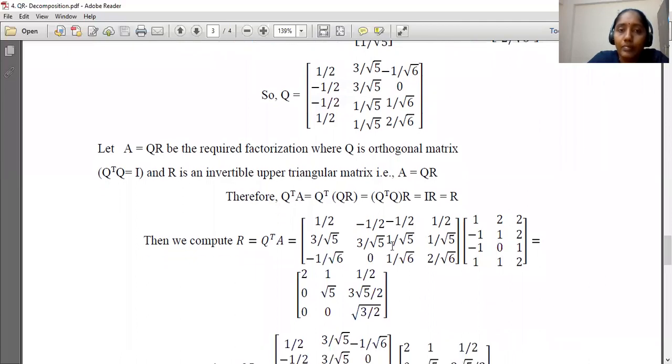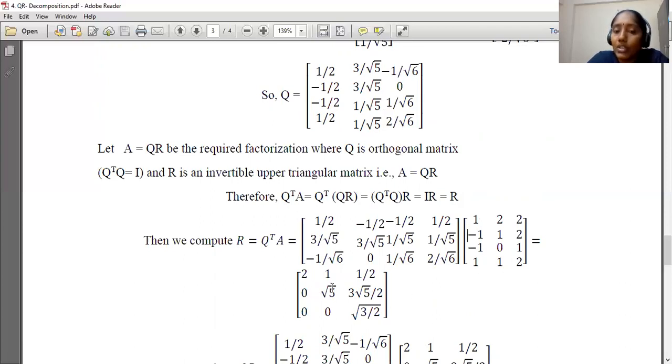Simplify that. Just write the transpose, that is 1 by 2, -1 by 2, -1 by 2, 1 by 2, 3 by root 5, 3 by root 5, 1 by root 5, 1 by root 5, -1 by root 6, 0, 1 by root 6, 2 by root 6, times the given matrix A. You will get an upper triangular matrix.